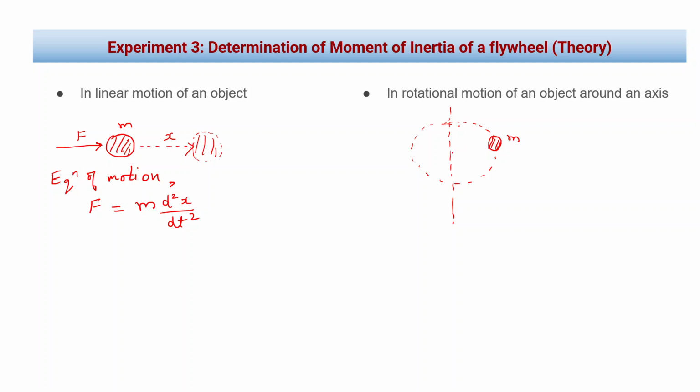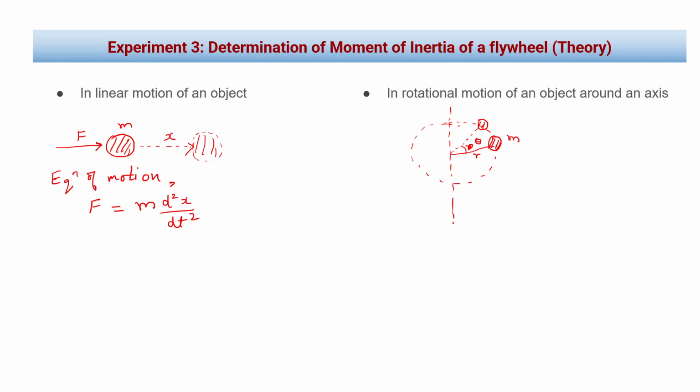Initially it was at this position, at some distance r from this axis of rotation. After a certain time it reaches another position. This angular displacement, let's call it theta.